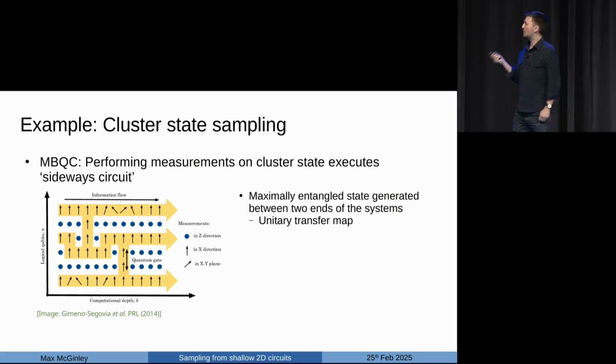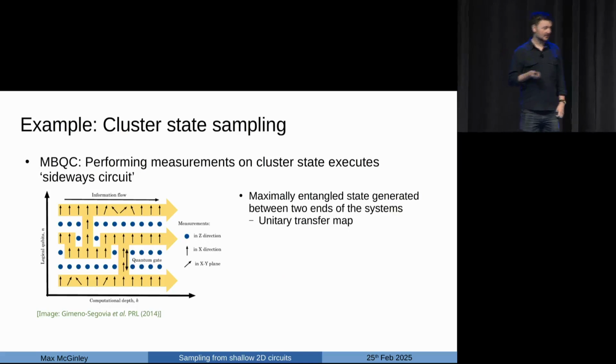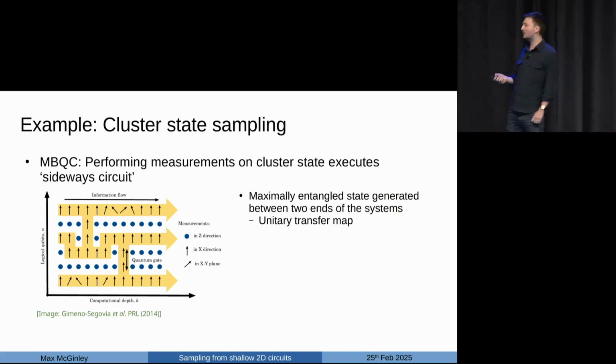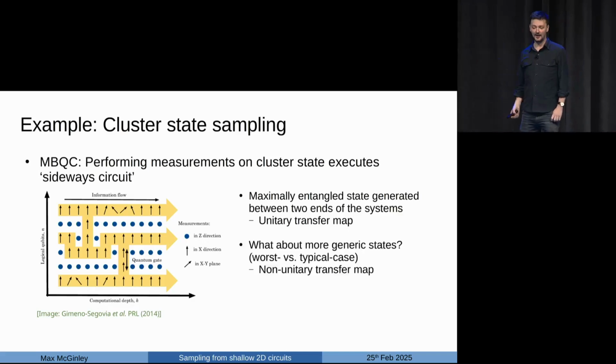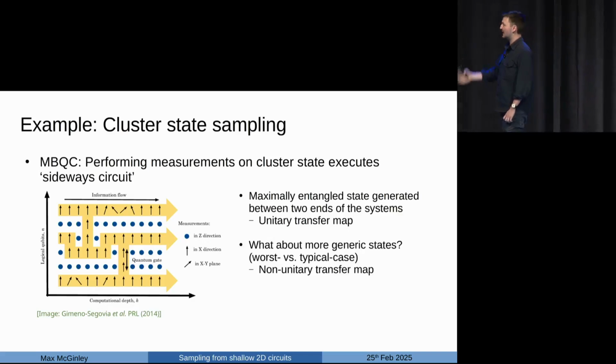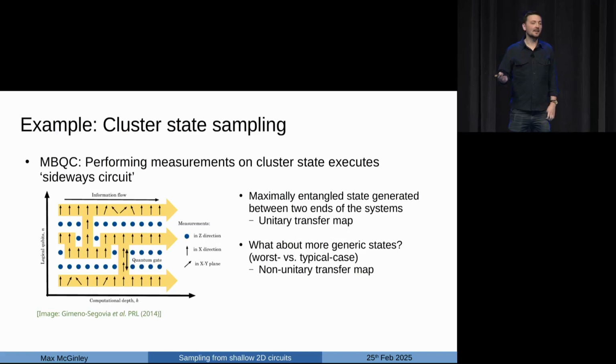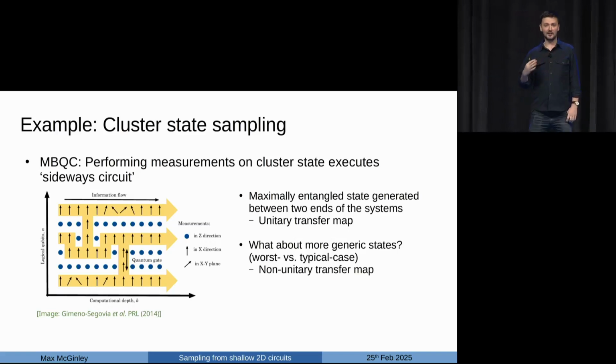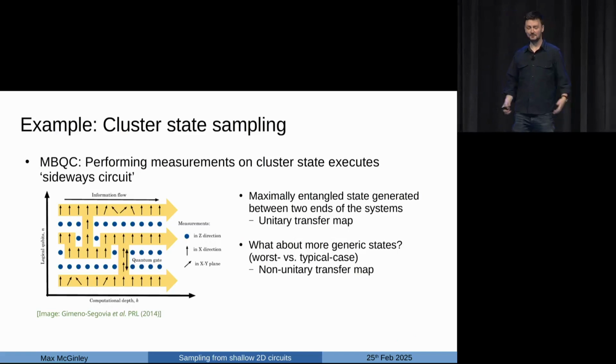And indeed, those worst-case examples that I mentioned are very much based on MBQC ideas. I'm more interested in what happens generically. So suppose we perturb a little bit away from this limit. If we look at a more generic state, there's no guarantee that viewing this transfer map in the sideways direction would give us a unitary circuit.